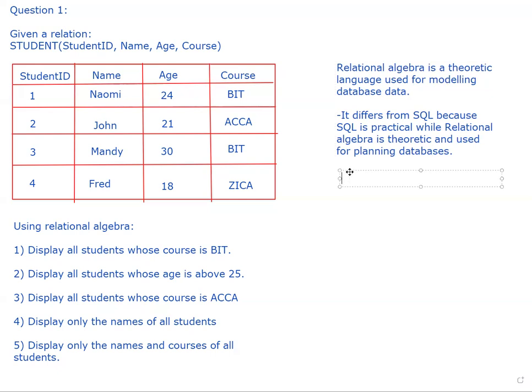Then the operators that I use for relational algebra. So the relational algebra operators.